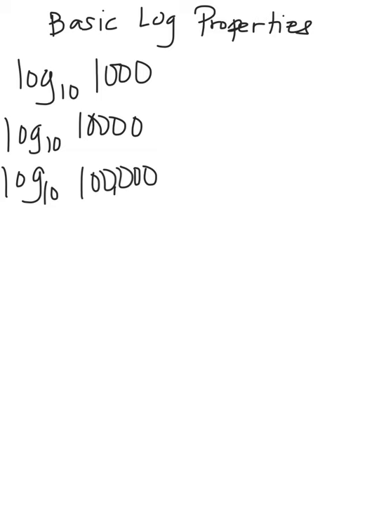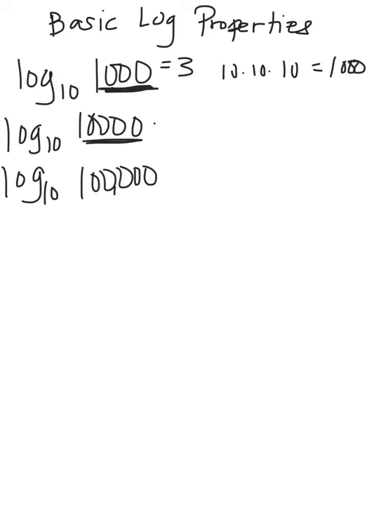Well, if there are 3 zeros here, that means I had to multiply 10 by itself 3 times. So this is just 3. 10 times 10 times 10. 1 times 1 times 1 will give us 1. 0, 0, 0. There are 3 zeros. So it's kind of simple with tens.